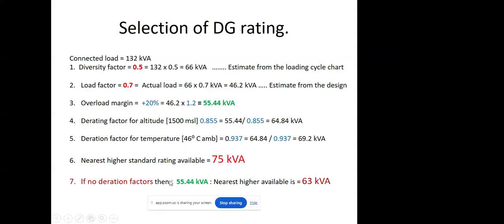If no derating factor is there, then 55 kVA, the nearest set will be 63 kVA. Because of the derating, we have to select 75 kVA. So these are the considerations of the selection so far as these factors are considered. So first is diversity factor, second is load factor, third is derating factor for altitude, next is derating factor for temperature. These four are main.